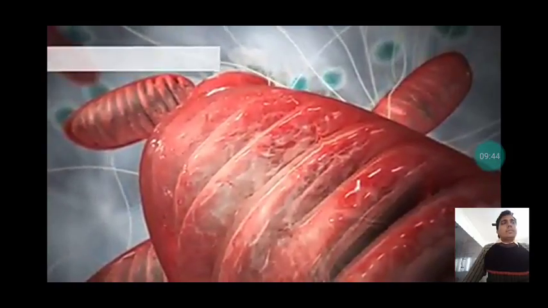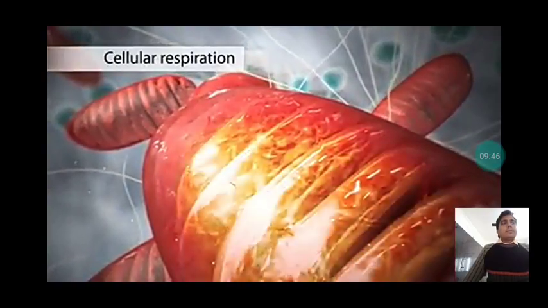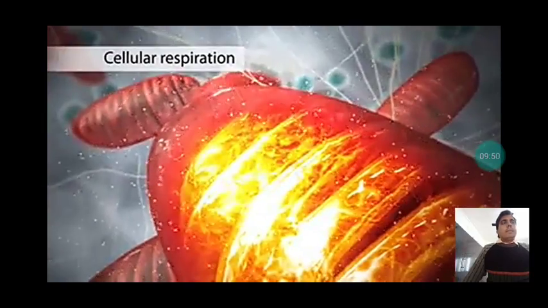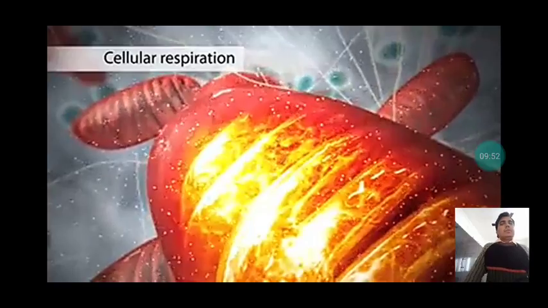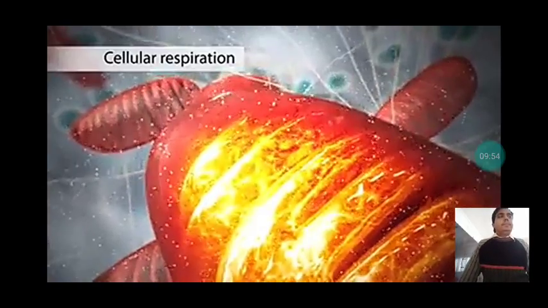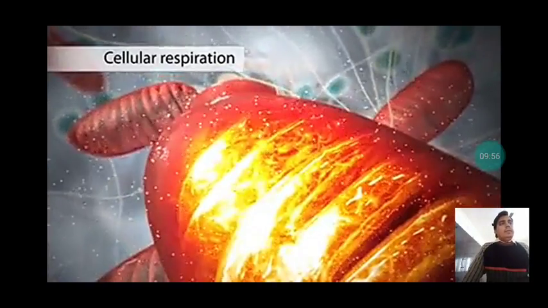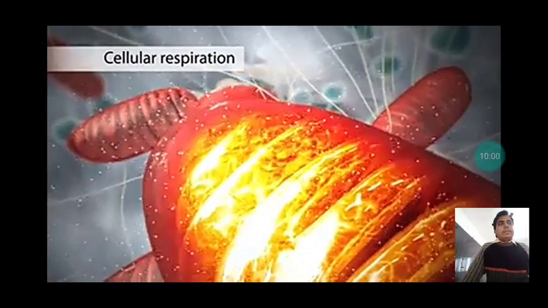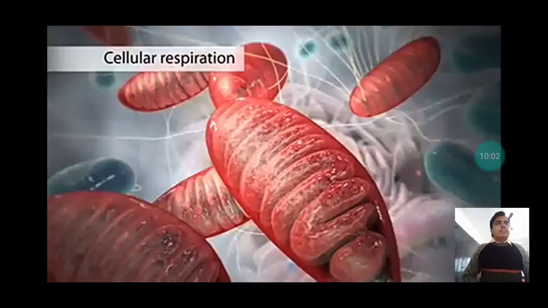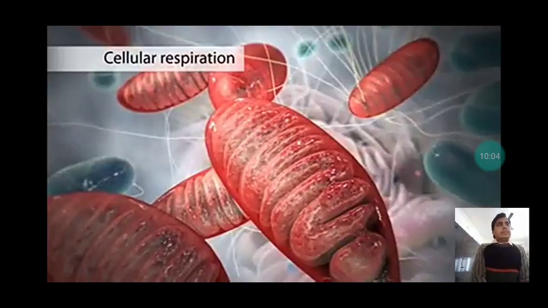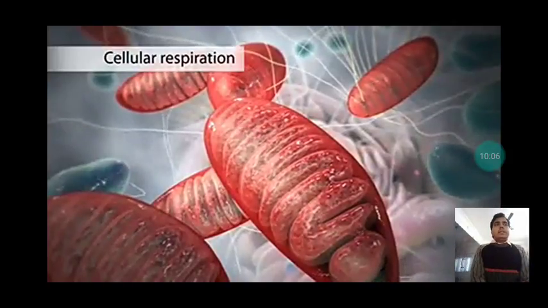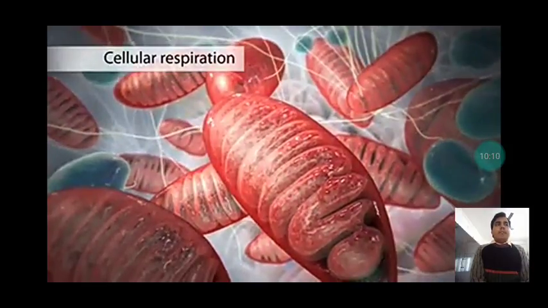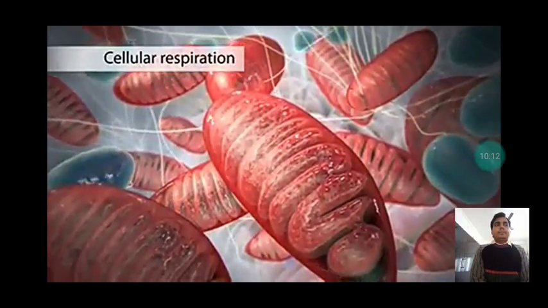During a process called cellular respiration, the mitochondria make ATP molecules that provide the energy for all the cell activities. Cells that need more energy have more mitochondria.